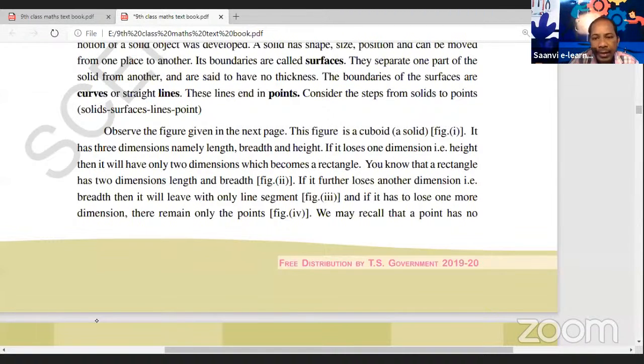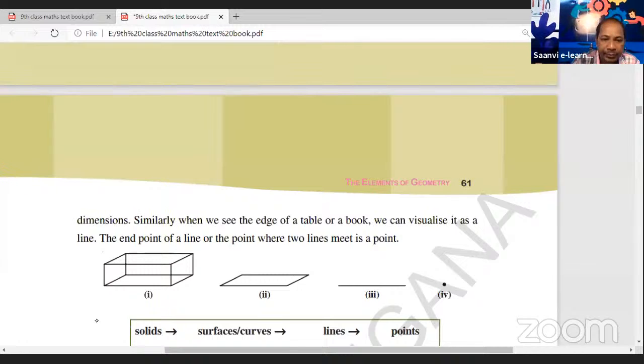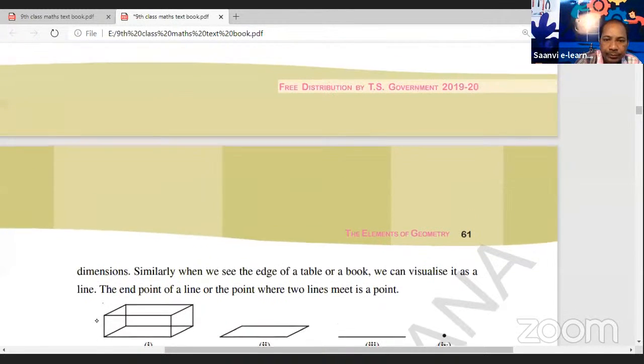If it loses one dimension, that is height, then it will have only 2 dimensions, which becomes a rectangle, with length and breadth.